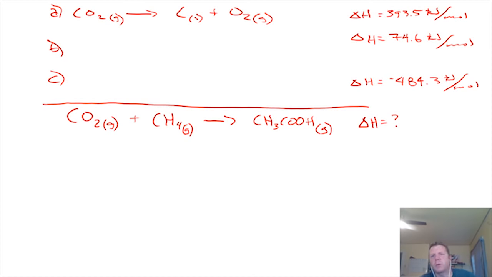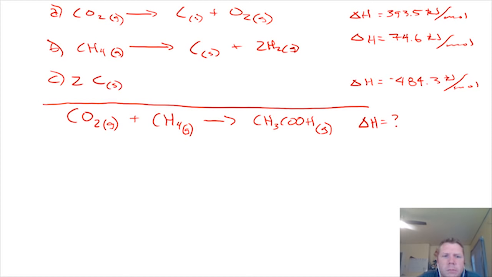And that specific reaction has a delta H of positive 393.5 kilojoules per mole. My next reaction is CH4 gas going to solid carbon plus 2H2, that's gaseous. And that is also going to have a delta H that is positive, 74.6 kilojoules per mole.